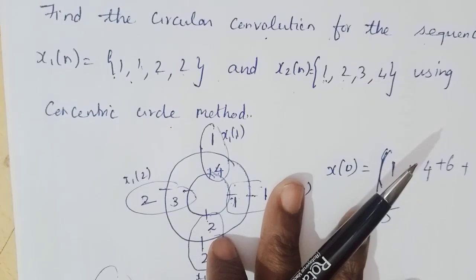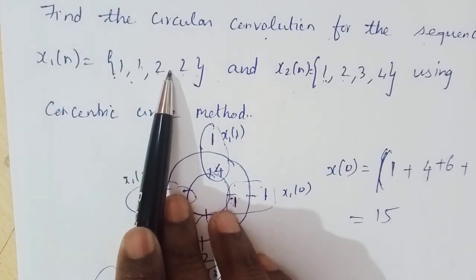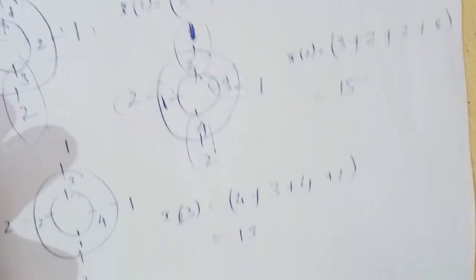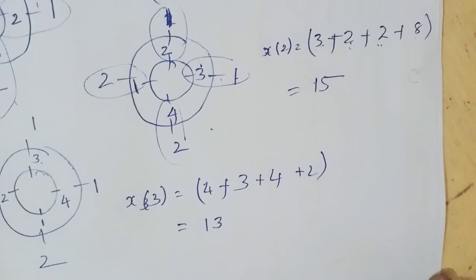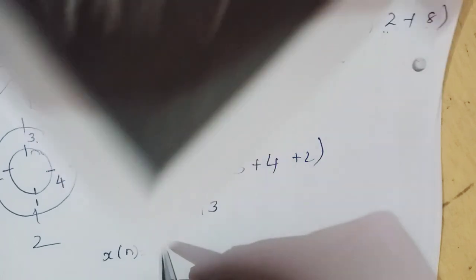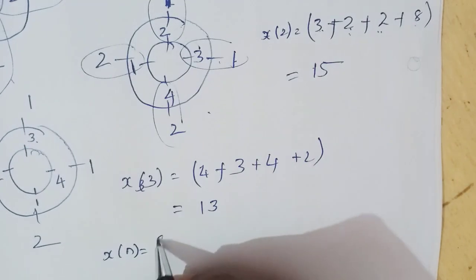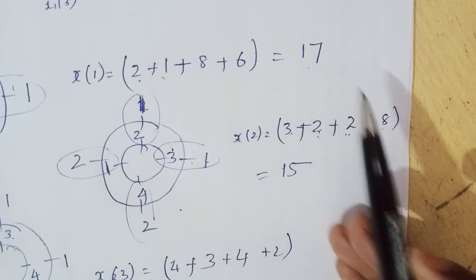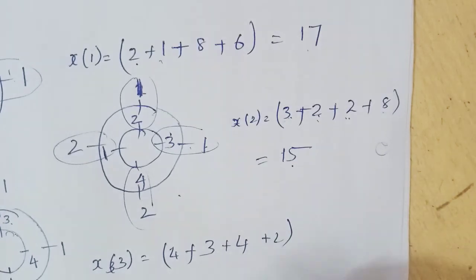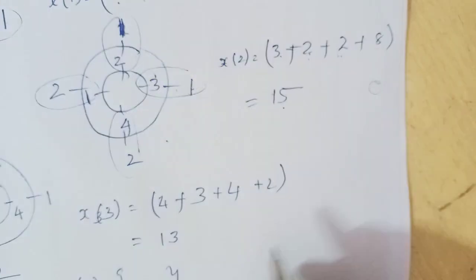So the length of the sequence is 4. We had n minus 1 shifts, and the final answer, as we write, x of n, is going to be: the first value is 15, the second value is 17, the third value is 15, and the fourth value is 13.